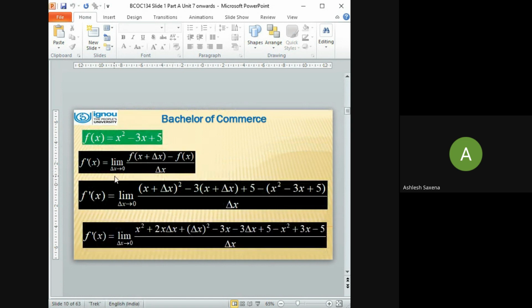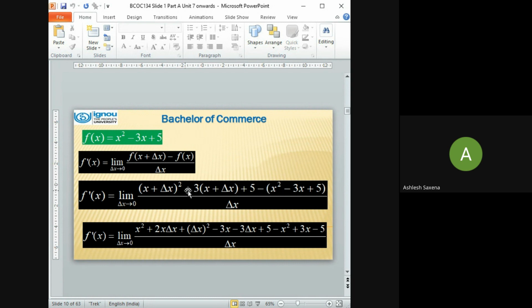Now see, limit delta x tends to 0, f of x plus delta x minus f of x upon delta x. Straight away, start applying the value. This will become x plus delta x whole square minus 3 times of x plus delta x plus 5, minus f of x, which is x square minus 3x plus 5.